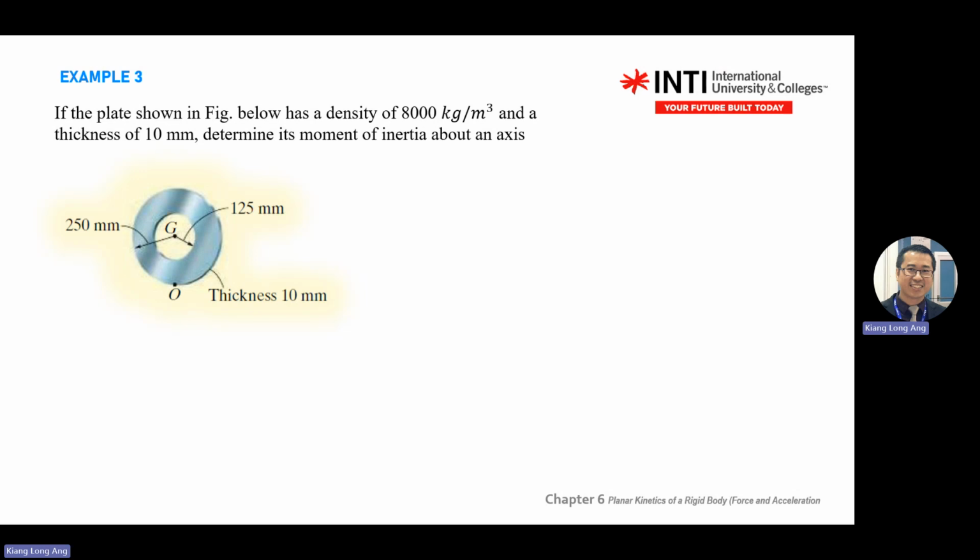When you see density, for sure you need this equation and this equation. You need to calculate the mass, not the volume, the mass. For mass, you need density. This object is given the R, thickness, and so on.